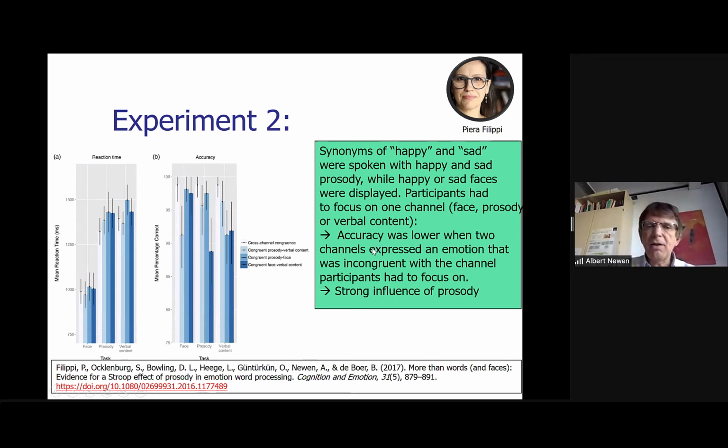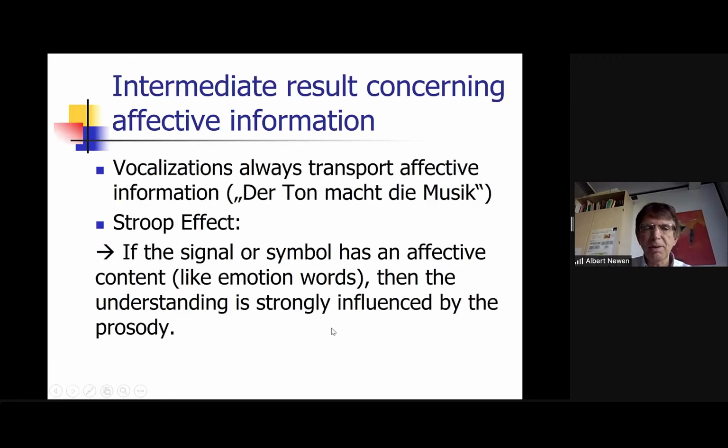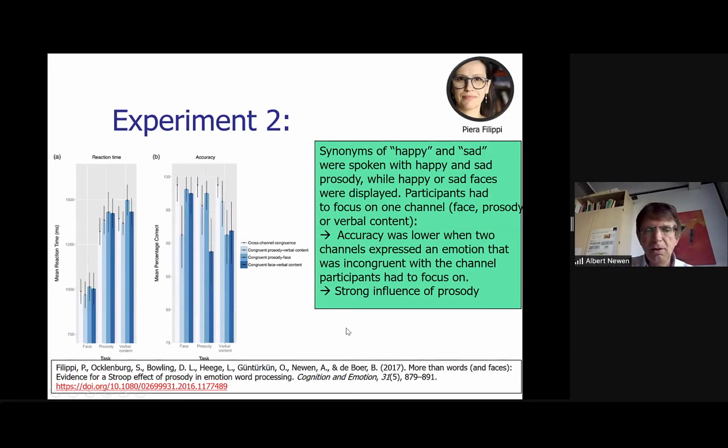The general finding was that accuracy was lower when two channels expressed an emotion that was incongruent with the channel the participant had to focus on. So, for example, if the participants had to focus on the verbal content and report the verbal content, but now the dark blue line is incongruent.